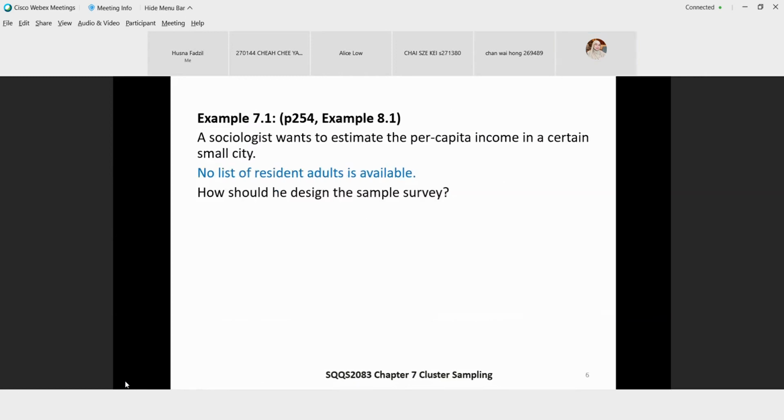Okay, let's take an example here. A sociologist wants to estimate the per capita income in a certain small city. However, the list of resident adults who have income is not available. So, how should the design of the sample survey be done?